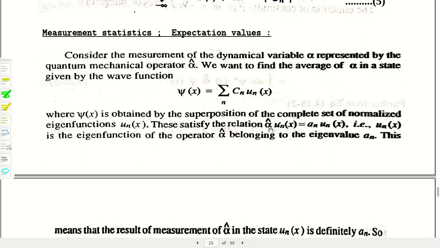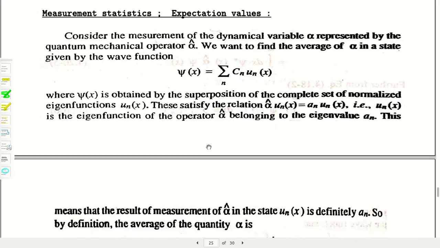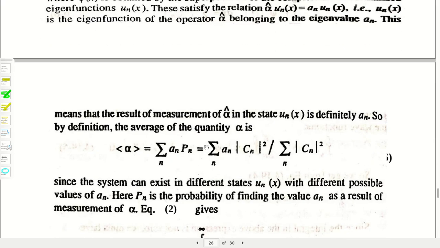So alpha un is equal to an un. So an is the eigenvalue corresponding to the eigenfunction un; for each eigenfunction you can form this kind of eigenvalue equation. I have already discussed that.